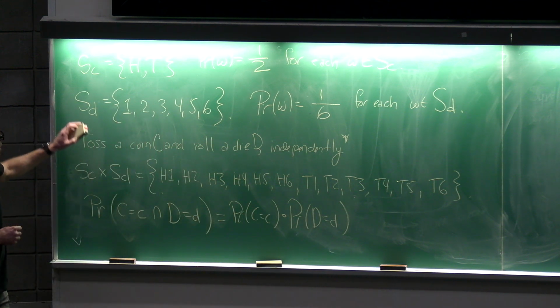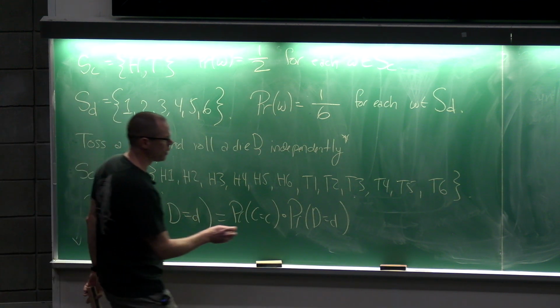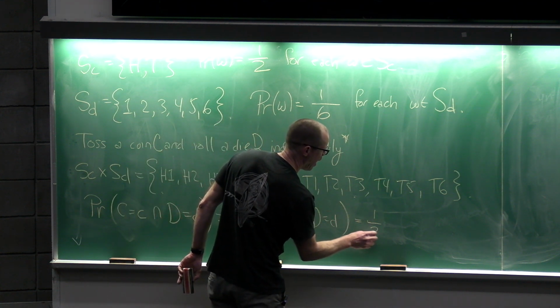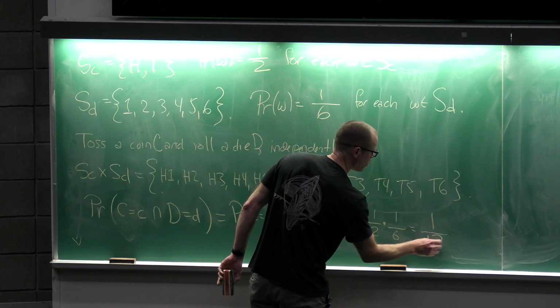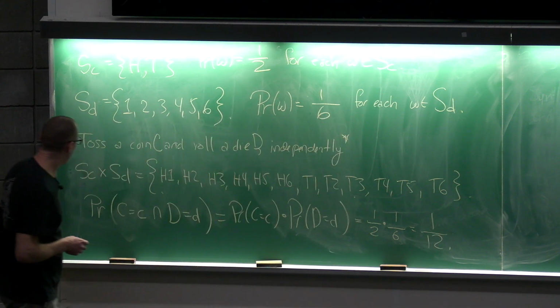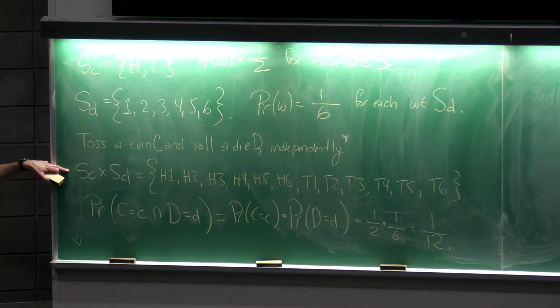And in our case, in this particular example, 1/2 times 1/6 is 1/12. And each of these 12 outcomes is equally likely. That's all that means.